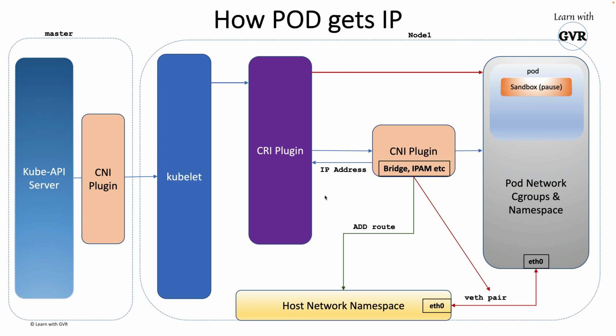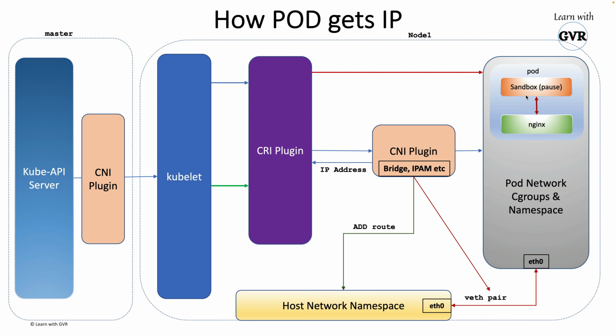After that, the kubelet will instruct the CRI to pull the actual nginx image, and if it is not there, it will pull it from a registry. If it is there, it will create a container and attach it to this particular pod-specific namespace, which is shared here. So that's how it works. Now, the IP address is assigned to whom?